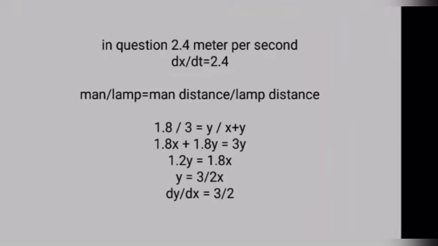When 1.8y is brought to the right side, there will be a minus, which will be 1.2y equal to 1.8x. So y will be 3 over 2 x, after 1.8 over 1.2. So dy over dx will be 3 over 2.